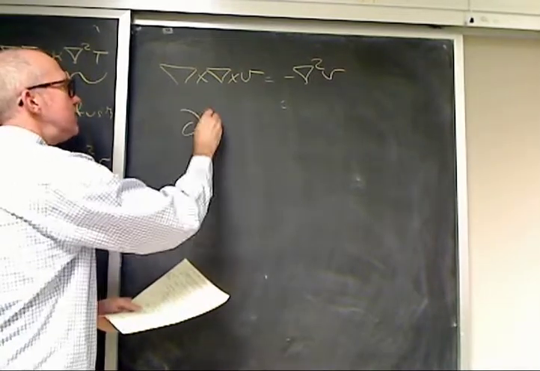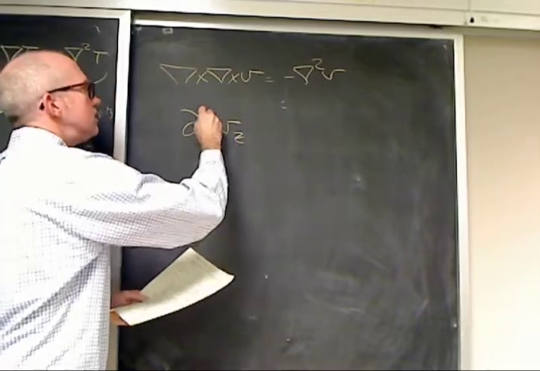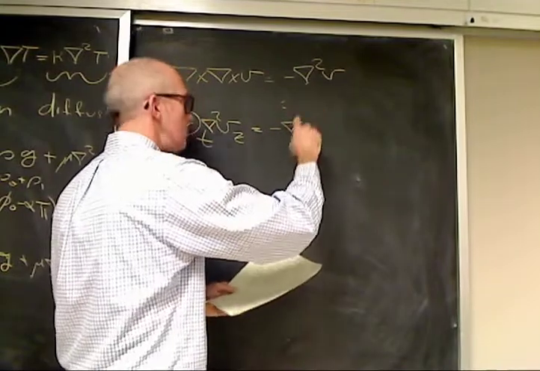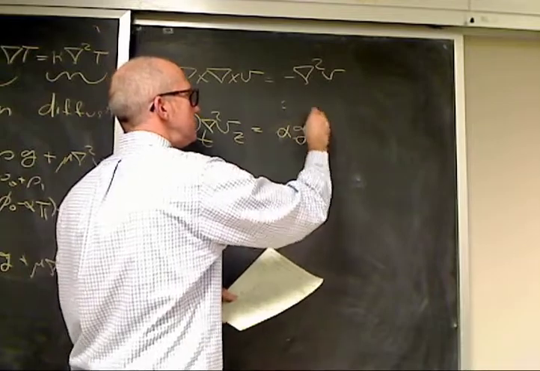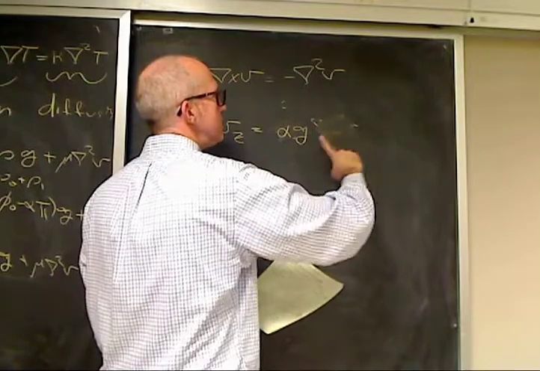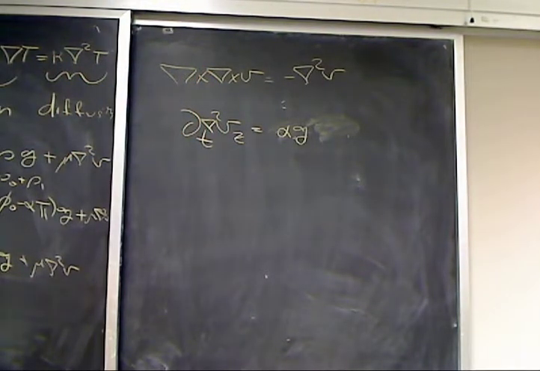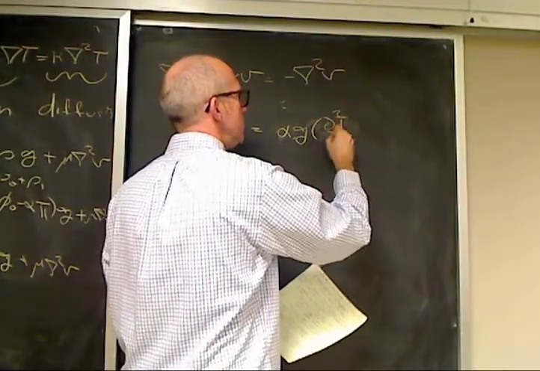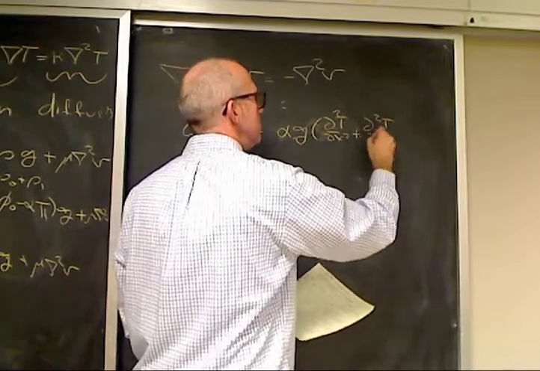there we go, d by dt of del squared Vz equals, no, the P goes away and we're left with alpha times G times del squared T. We're just taking the Z coordinate, so this is the curl of T, so if you actually do that out, you're left with d squared T by dx squared plus d squared T by dy squared.